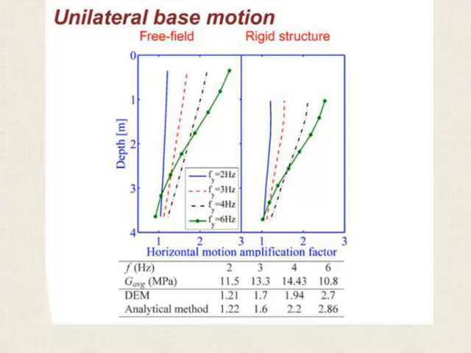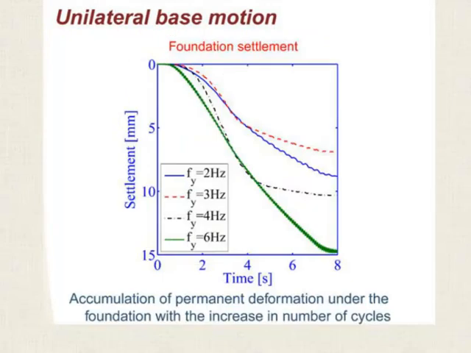There is some decent comparison right there with the results of that method. For the foundation settlement under the effect of unilateral motion, the largest settlement was again when the excitation was close to the resonance frequency.